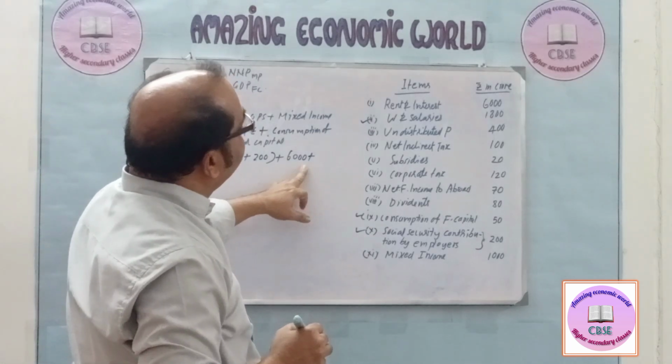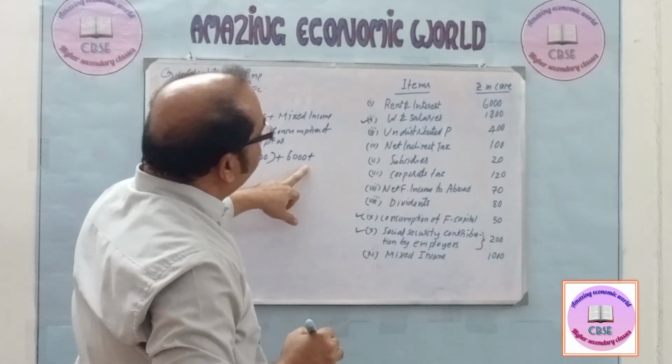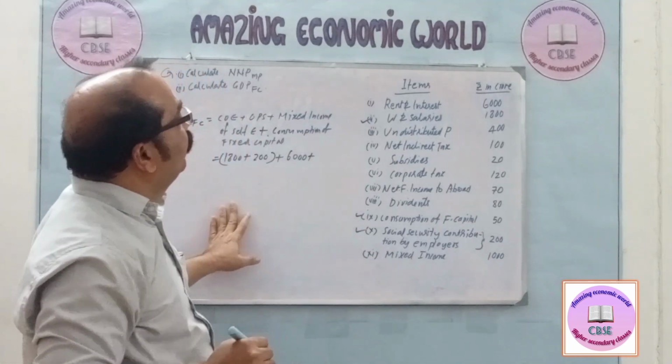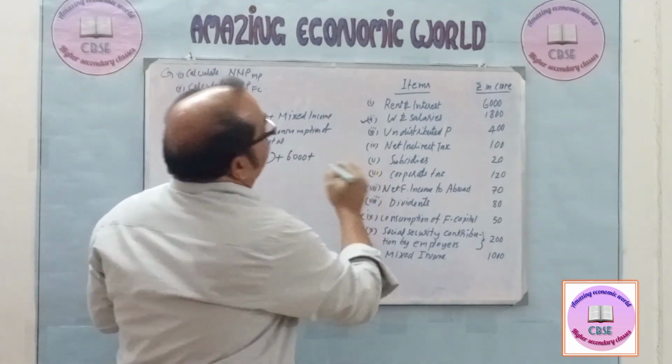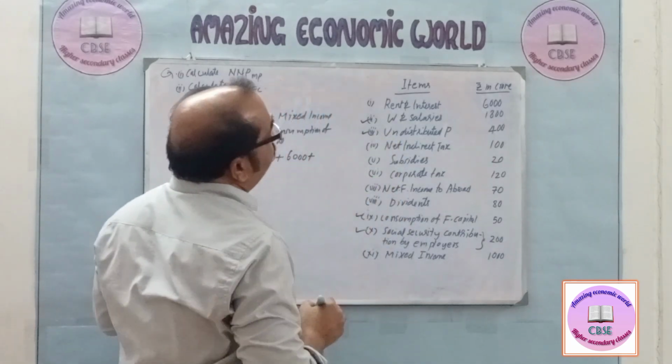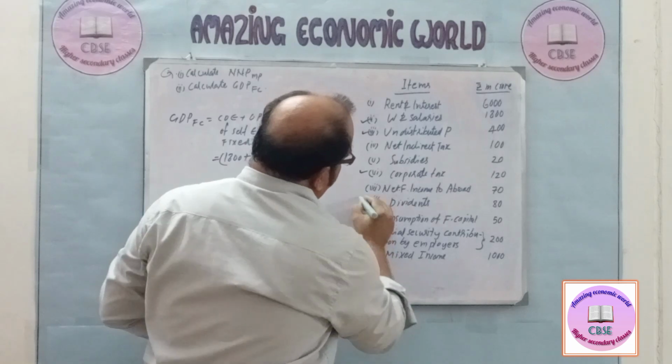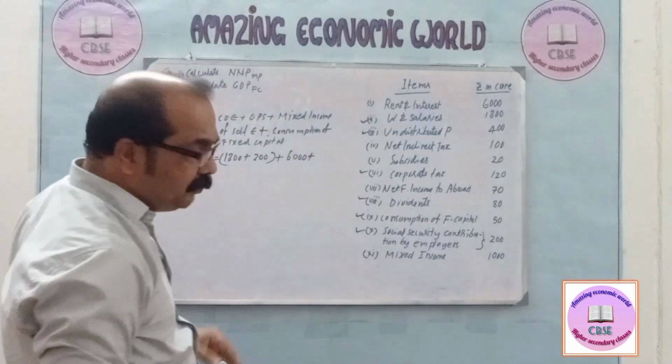Then profit. Profit is not given directly, so parts of profit are given. What are they? Undistributed profit, corporate tax, dividend. These are the parts of profit.